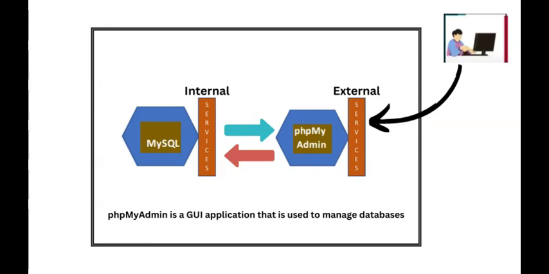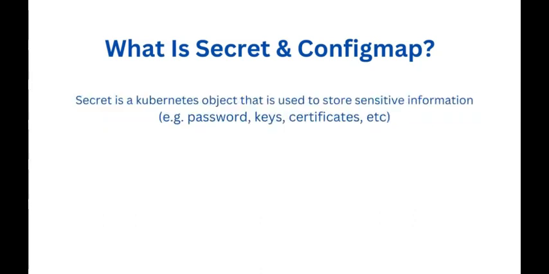In all of this, you will learn what secret and config map are and how to use them. So let's start with understanding what secret and config map are. These two objects or resources are similar to each other, but first, let's look at what a secret is. Secret, from its word, is simply secret.